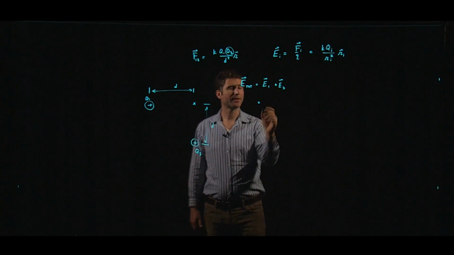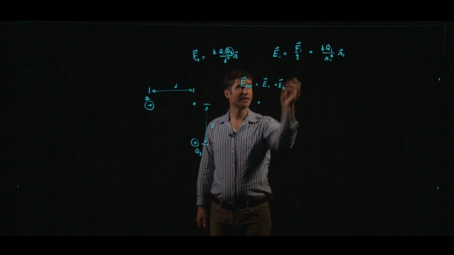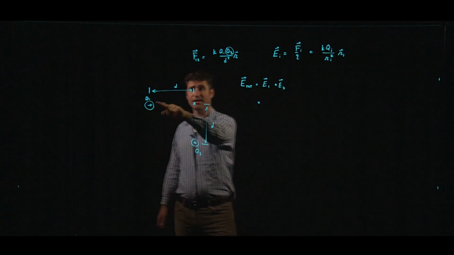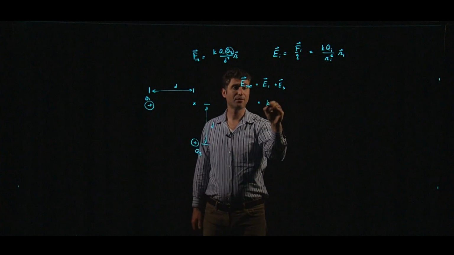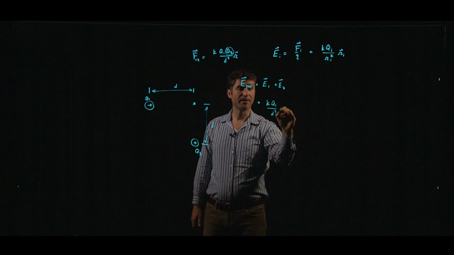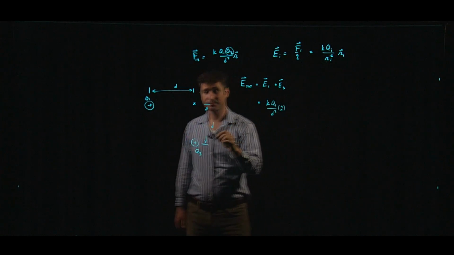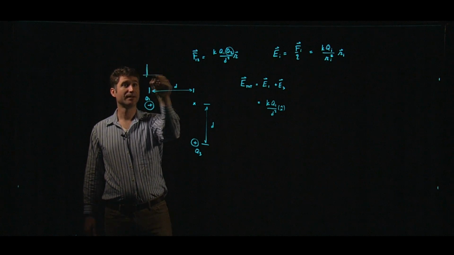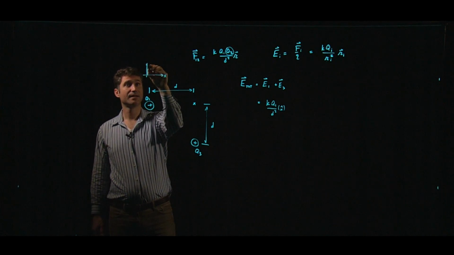We've set the table, and I can write, according to this idea, that the electric field at this point here, as we calculated before, was just KQ1 over d squared in the positive x hat direction. Maybe I should write also my coordinate system here: here's my x, and here's my y.